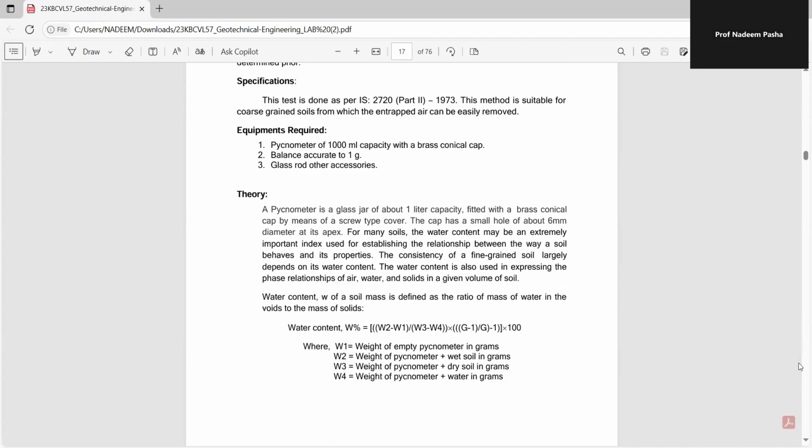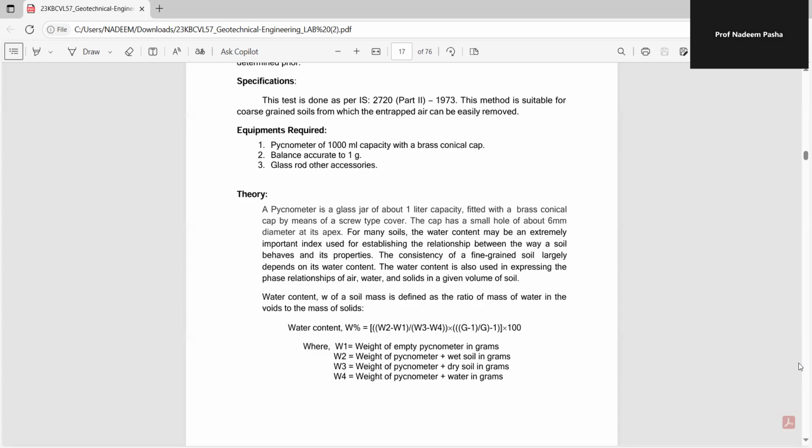This method is suitable for coarse grained soils from which the entrapped air can be easily removed. So the specification is the code used for this particular experiment, IS 2720 part 2, 1973.